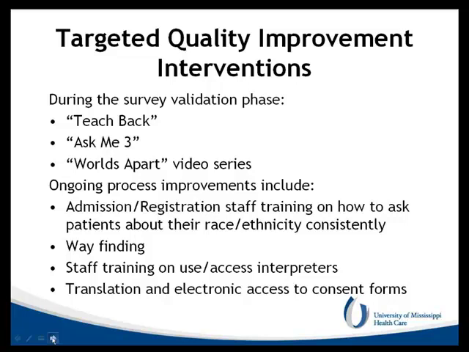Some of the ongoing process improvements we have been working on include the training of the admission and registration staff on how to ask patients about their race and ethnicity in a consistent manner, improvements to our wayfinding processes, training the staff on how to access and utilize interpreters, increasing our translated documents and making them more readily accessible in the electronic form. And our Office of Patient Affairs has created an informational staff newsletter focusing on our customers and cultural sensitivity.